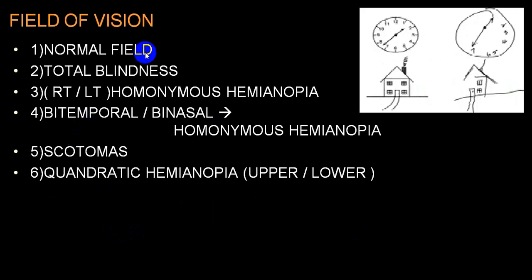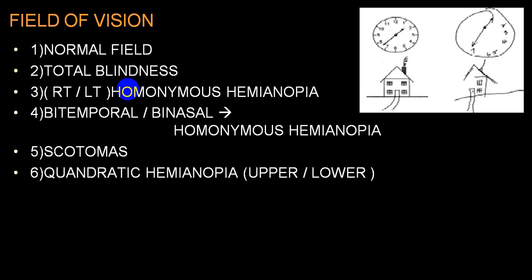And in that we can get an absolutely normal field, which we call normal. We can have total absence of vision, which we call total blindness. Or there is half the field gone. If it is the right side field, we call it right side homonymous hemianopia. If it is the left side field, it is called left side homonymous hemianopia.